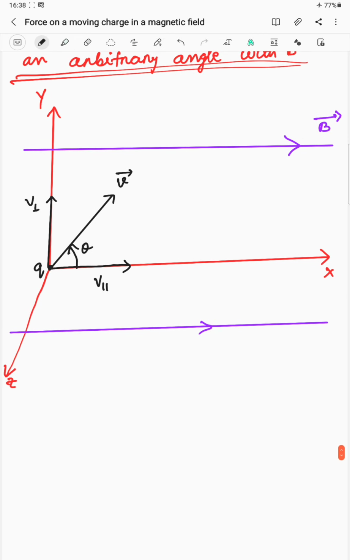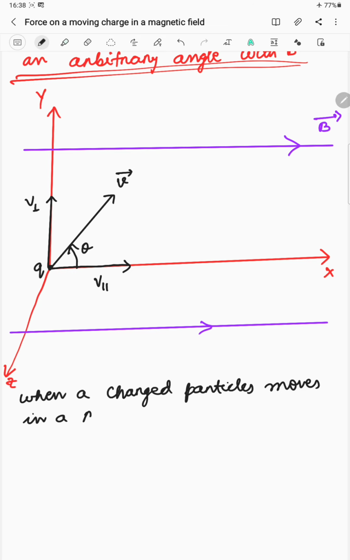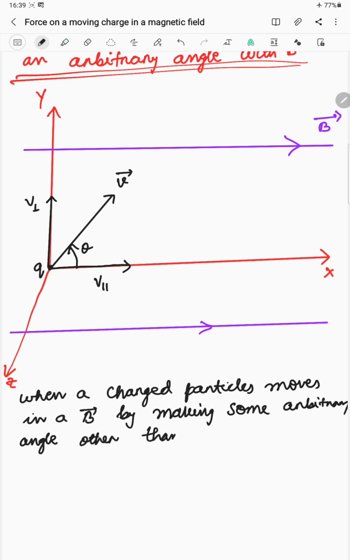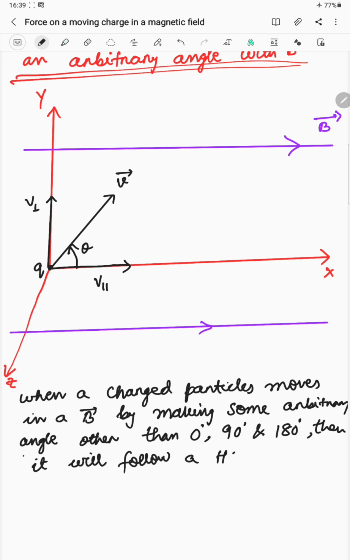Okay, so let's see what will be its motion. We can write here, when a charged particle moves in a magnetic field by making some arbitrary angle, other than 0 degree, 90 degree and 180 degree, then it will follow a helical path, with its axis along the B vector, the magnetic field.